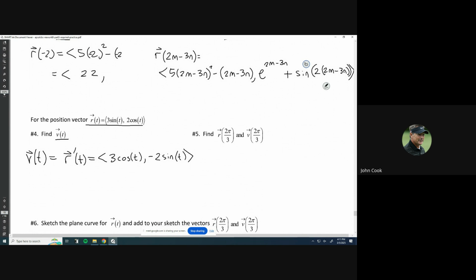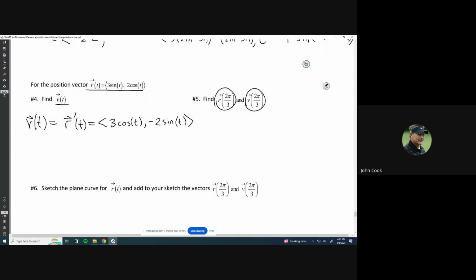Next, it says define two vectors, r and v. So for r, we just have to plug in 2 pi over 3 for t in this equation. So r of 2 pi over 3, just use your unit circle values on this one.